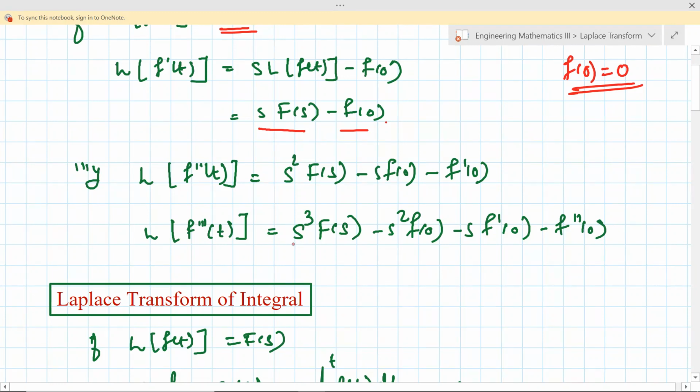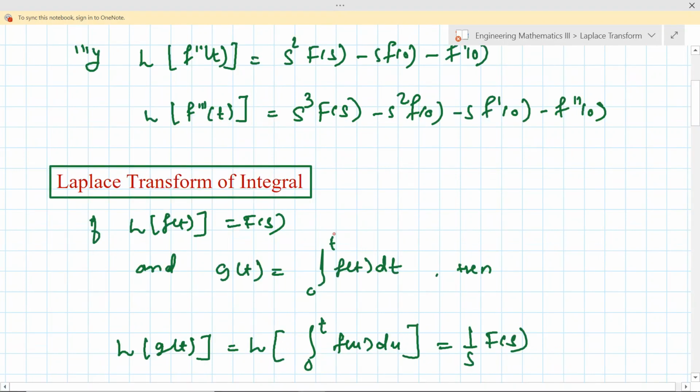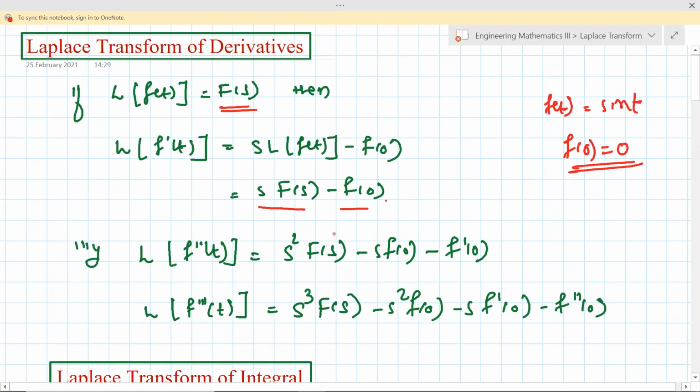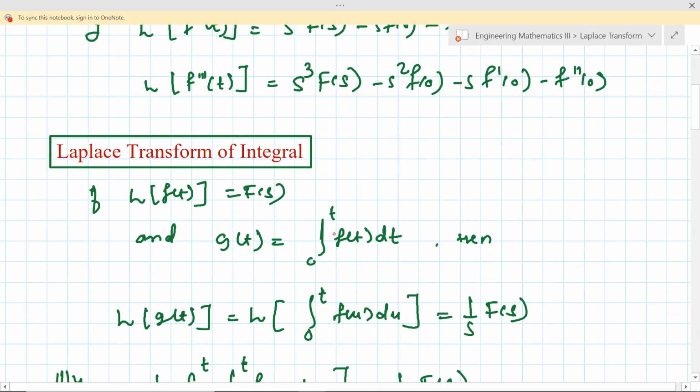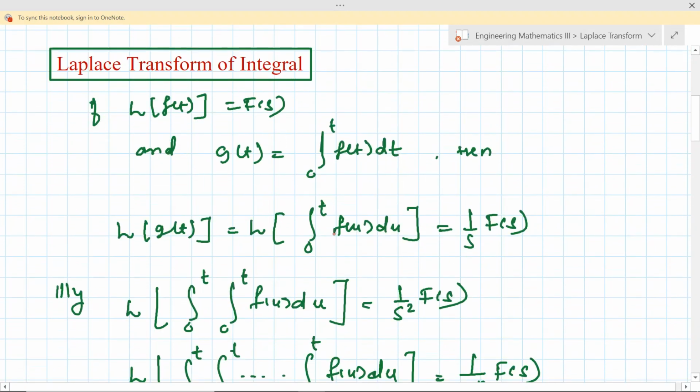The power of s goes decreasing, s cube, s square, s, and 0. After f of 0, take the next derivative of f of t and replace t by 0, f dash of 0, then f double dash of 0, and so on. You can proceed in a similar way. The examples based on all these properties I'll explain later; first, just try to understand the properties.